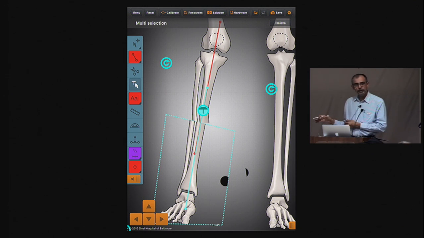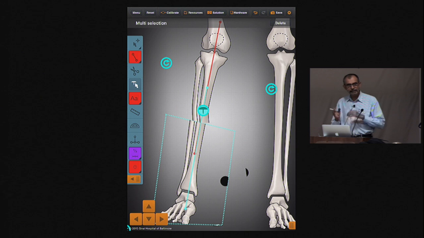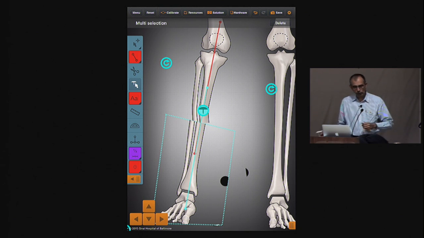So does this mean that everywhere you want to do the osteotomy away from the CORA, you need to use Ilizarov? No, not necessary. You can, as long as you have planned it. Now you know that to get my axis corrected, I need so many millimeters of translation. So you can look at it on the C-arm and actually get the translation.